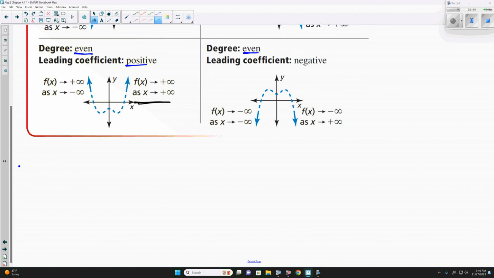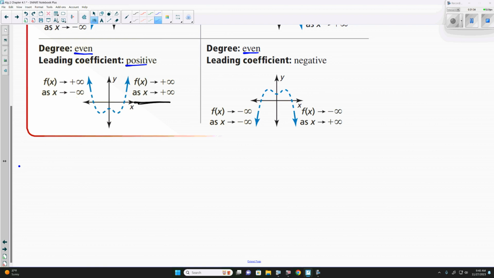As I keep plugging in bigger and bigger values of x, the function itself, the y values, are going to go to positive infinity. F of x approaches positive infinity as x approaches negative infinity. As I plug in bigger and bigger negative numbers, it's going to positive infinity, it's going up.